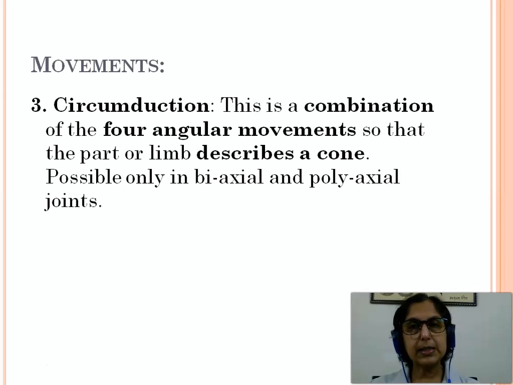This is a combination of the four angular movements so that the part or the limb describes a cone, and this is possible only in biaxial and polyaxial joints.